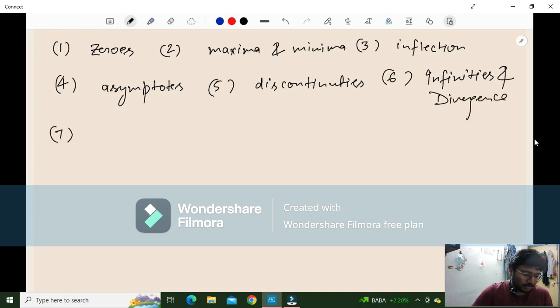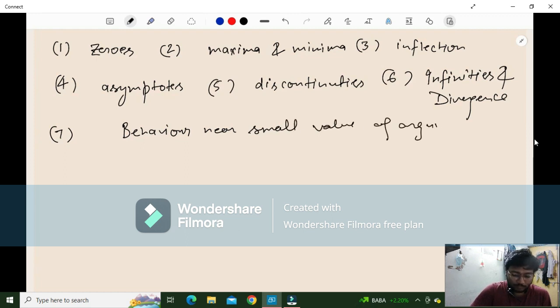And number 7 is behavior of the function near small values of the argument. If the function is a real variable function in one dimension, for example a function of x, where x is a real variable, then you will look for the function behavior near x equal to 0.